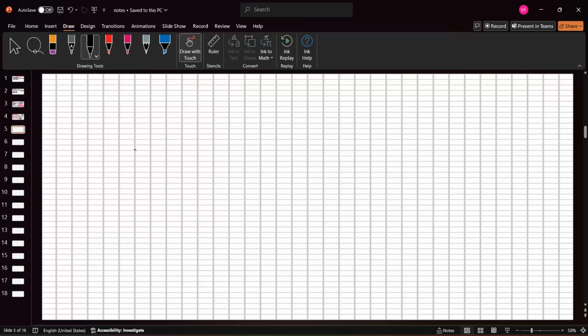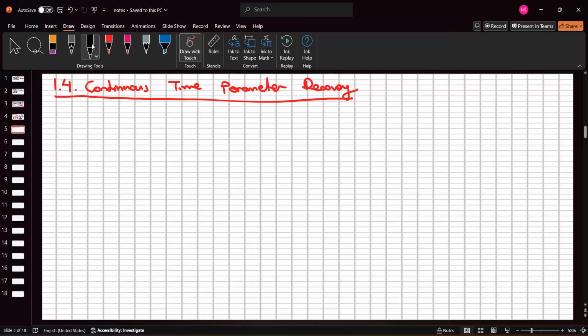But we need to remember that our measured data is in discrete form, and so the continuous time parameter should be recovered. Otherwise, we have the error, okay?